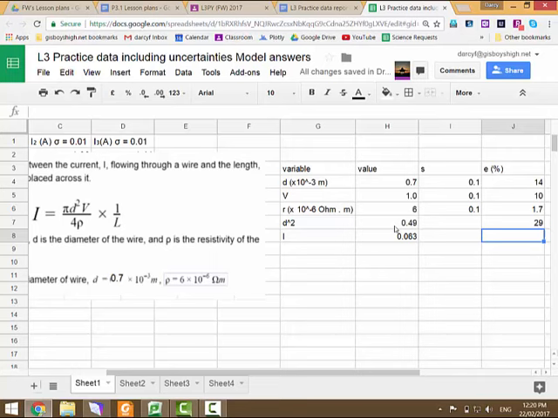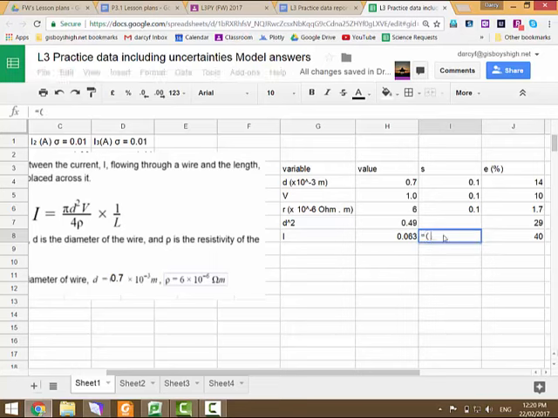My percentage error, so let's add the percentage errors, equals the percentage error in d squared, that, plus the percentage error in V, which is that, plus the percentage error in rho, which is that. Add them all together, 40%. So I need to find out 40% of that value.